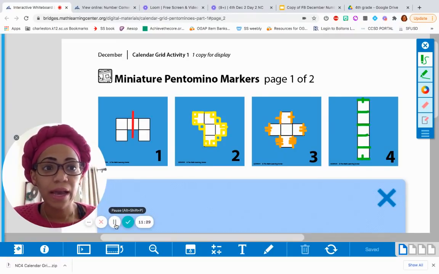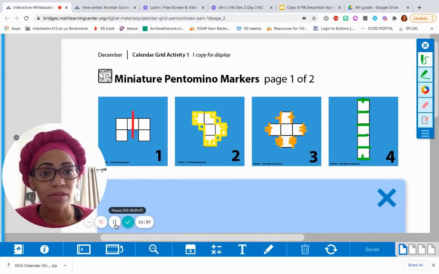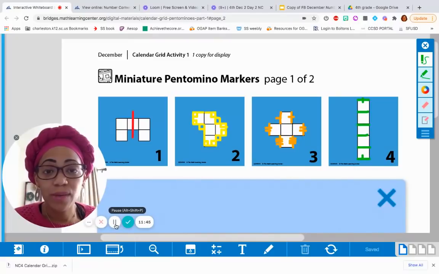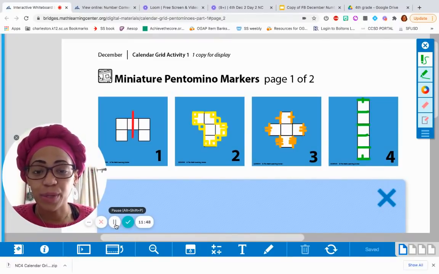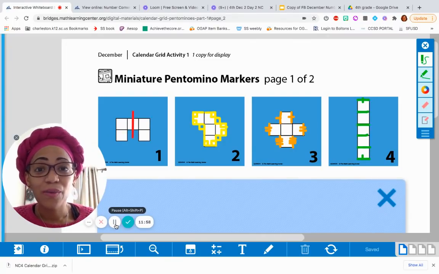Okay, so now before we look at our calendar observation grid, let's just talk really quickly about some of those words that we've been using to describe shapes. What are some useful words that we need to use or think about this month when describing our calendar markers? Good. Area. Perimeter. Right.